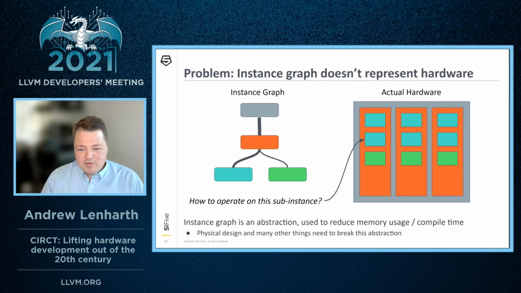So what this means is because these are real things, all of these leaves in these graphs are real things, we often want to talk about individual ones and give them properties. So for example, one particular instance of one particular module I may want to lay out on my chip at one spot. That only applies to that instance, not any of the other ones. So I need a way of talking about one particular thing in the instance graph.